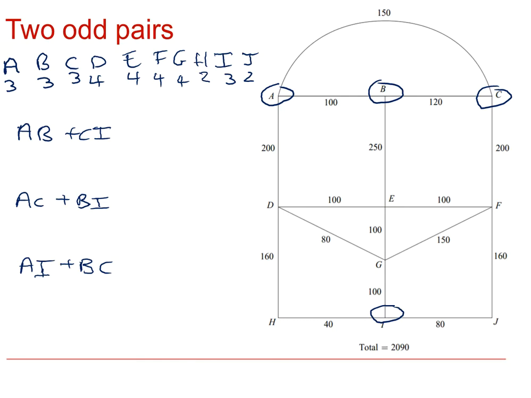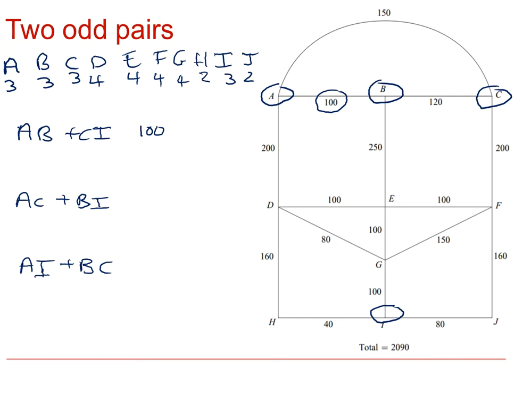Well, we can see that A to B, the shortest, most direct route, is 100. However, for C to I, there are various options. We could go via B and E and G, which would give us 120, 250, 100 and 100.